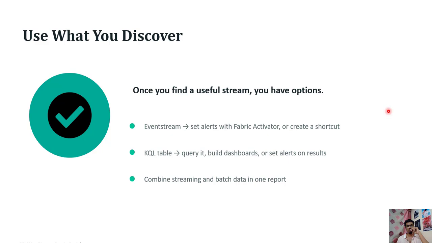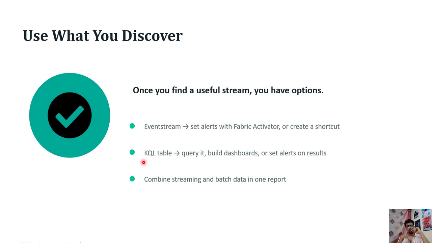Now, when you find a stream or data source, you have a variety of options based on the requirements. First thing is the event stream. You can set alerts with Fabric activator, which we have seen just now, or you can create a shortcut. The next option is to connect that event stream with an event house.